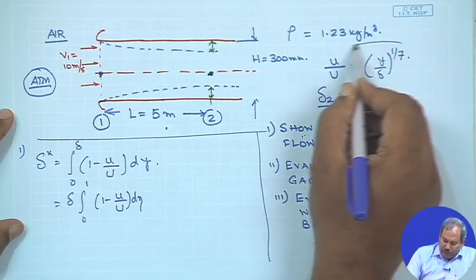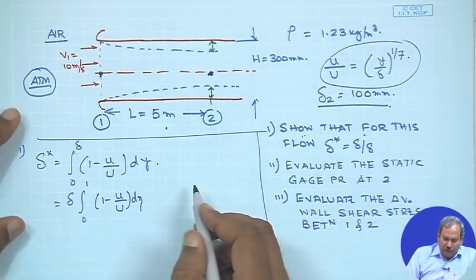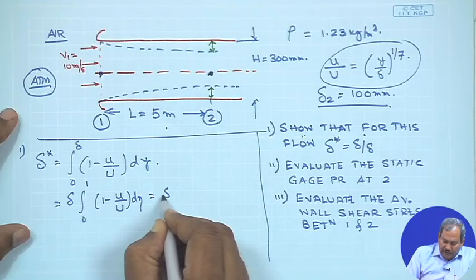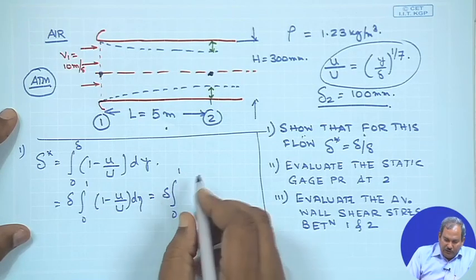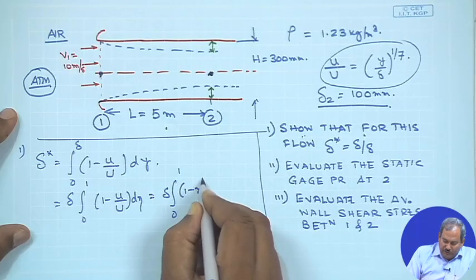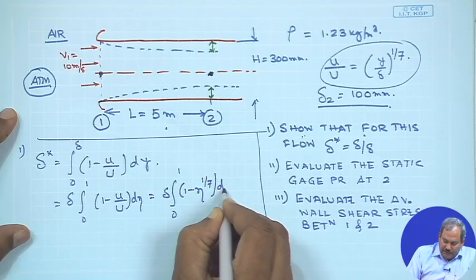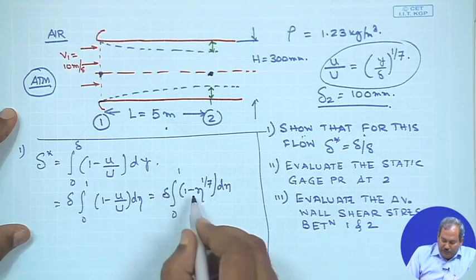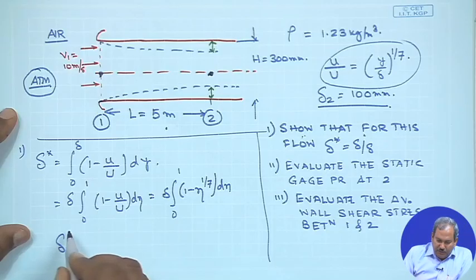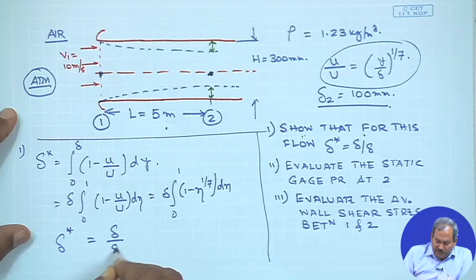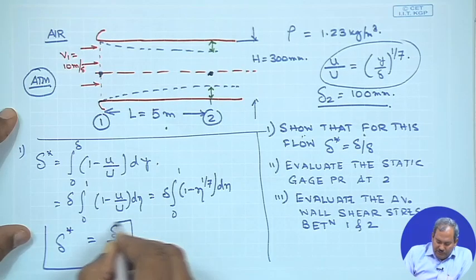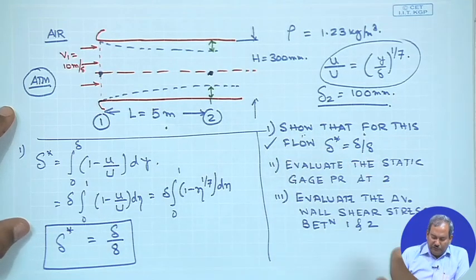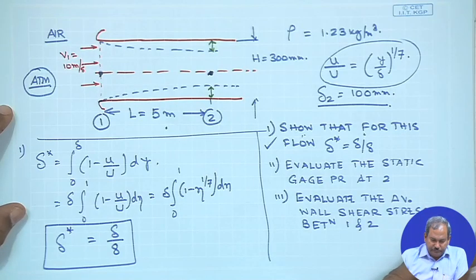And since the 1/7 power law is provided over here, I can simply write it as the integral from 0 to 1 of (1 minus eta to the power 1/7) d eta. And when you perform this integration, you should be able to see that delta star would turn out to be equal to delta by 8. So, the first part therefore is straightforward.